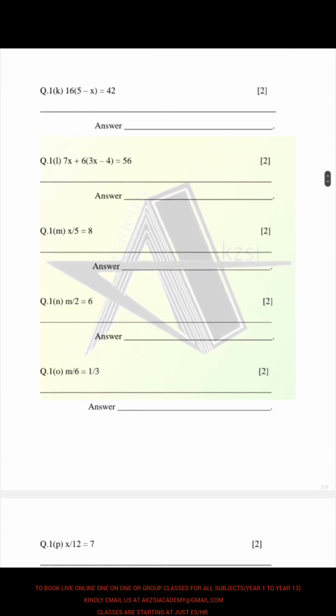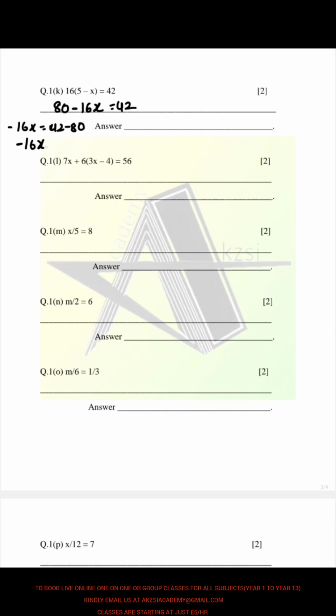Moving on to the next question. 16 times 5 is 80. 16 times minus x is minus 16x, and this is 42. Transposing 80 onto the right hand side, I will get minus 16x equals 42 minus 80.